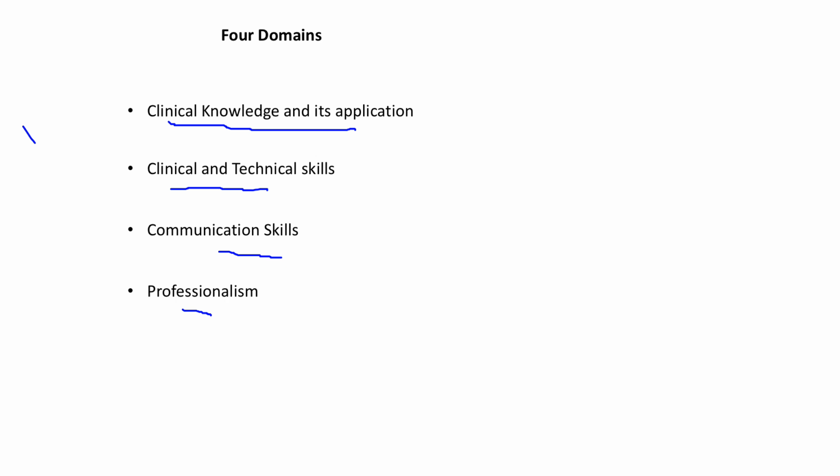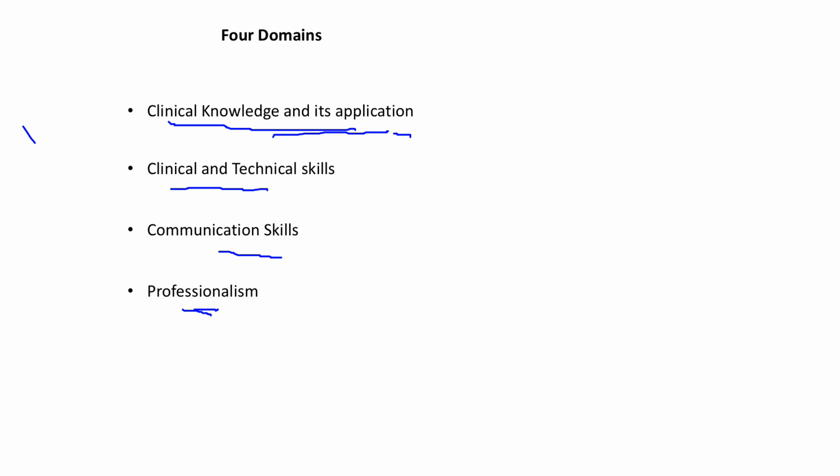So all 4 domains are not assessed in all stations. Like in applied surgical pathology and anatomy stations, only clinical knowledge and its application is assessed. But in procedural skill stations, clinical and technical skills are assessed, as is professionalism.